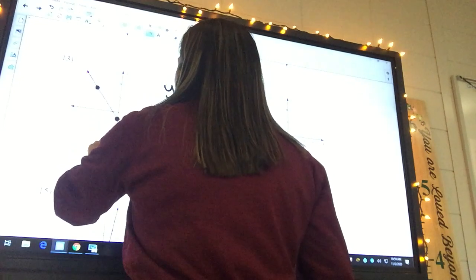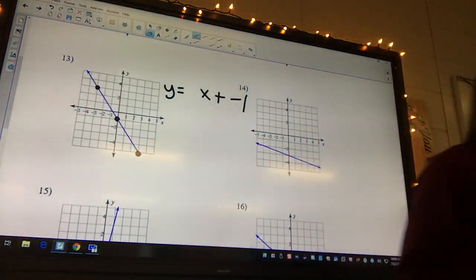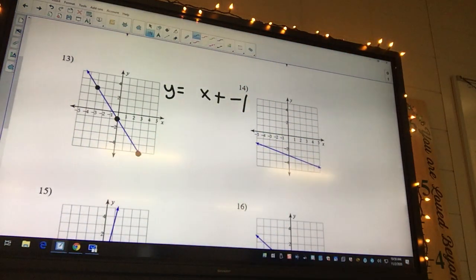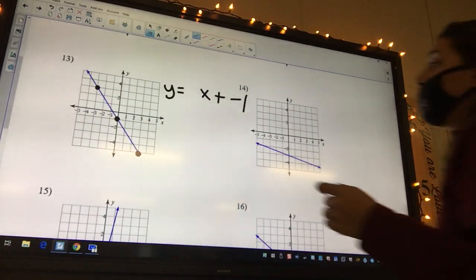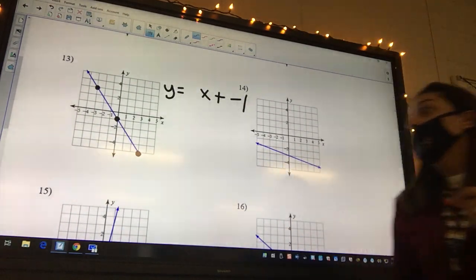Yeah, would it be negative 3? Okay, well, I got 2. Either one of those works. So did you pick the same one that I picked? Yeah. If you didn't, you need to fix it. Okay, not only fix it, figure out. So one point would be negative 3, positive 3, and the other point would be 3, negative 5.